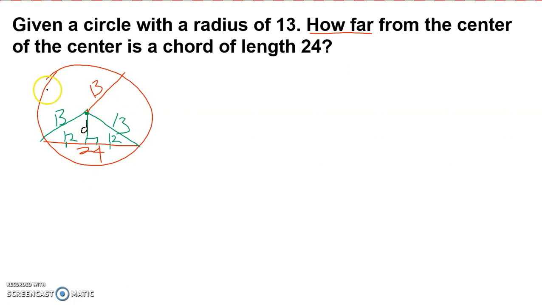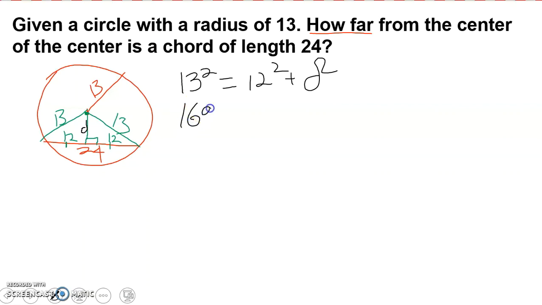Now we can use the Pythagorean Theorem. Be careful to know what your two legs are. The hypotenuse is always opposite the right angle, so the hypotenuse is 13. 13 squared is equal to 12 squared plus D squared. Simplifying, 13 squared is 169, which equals 144 plus D squared.